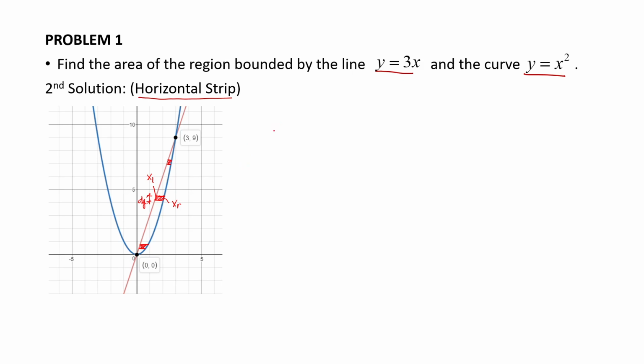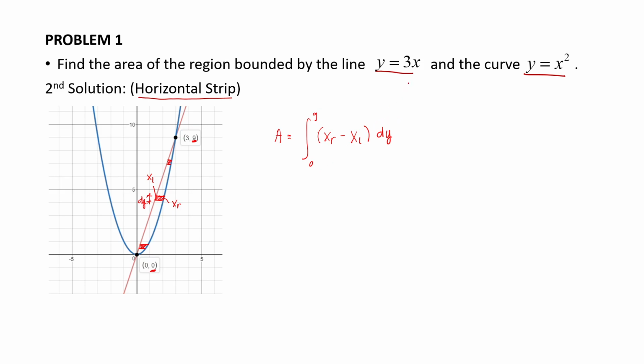So by formula, we now have area is equal to the integral of x right minus x left dy, and that would be from y1 to y2, from 0 to 9.